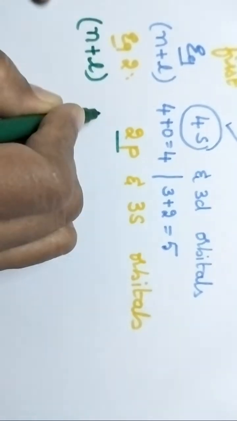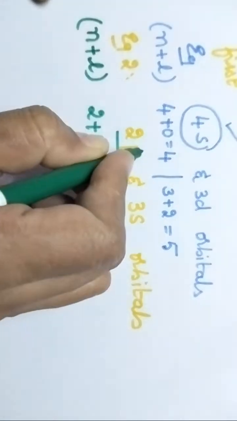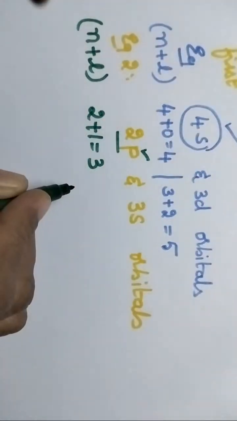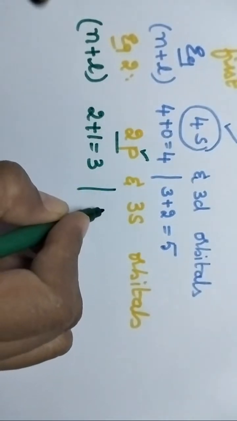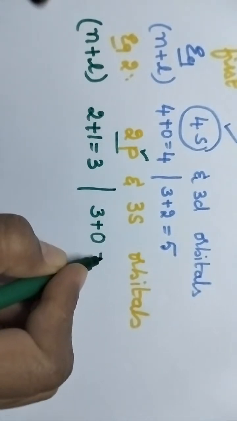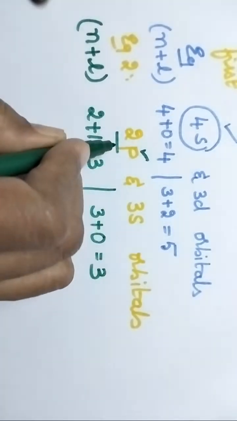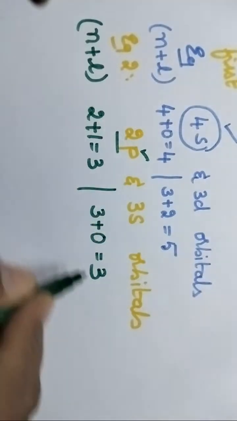For 2p orbital, it is 2 plus 1, that is equal to 3. So what is the l value for the p orbital? That is 1. And coming to the 3s orbital, n is equal to 3 and the l value for s orbital is 0, and hence for both 2p and 3s orbitals, the n plus l value is same.